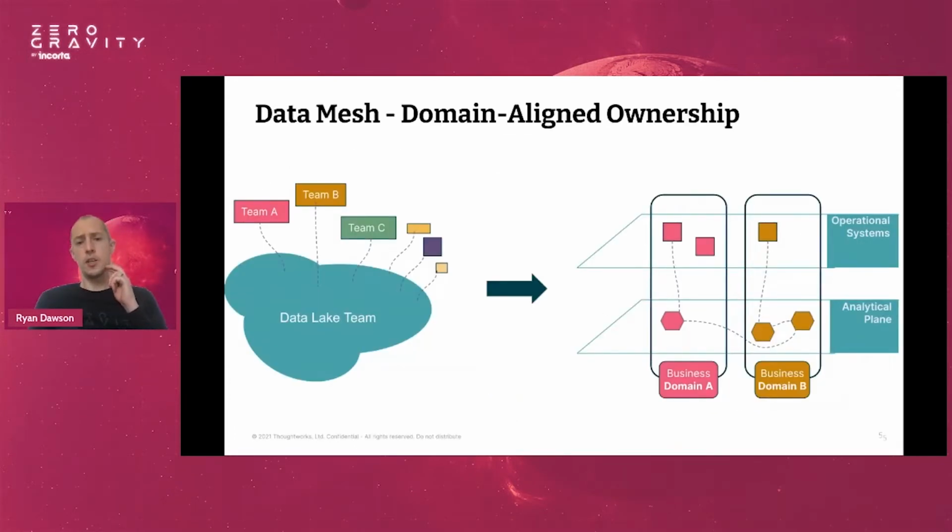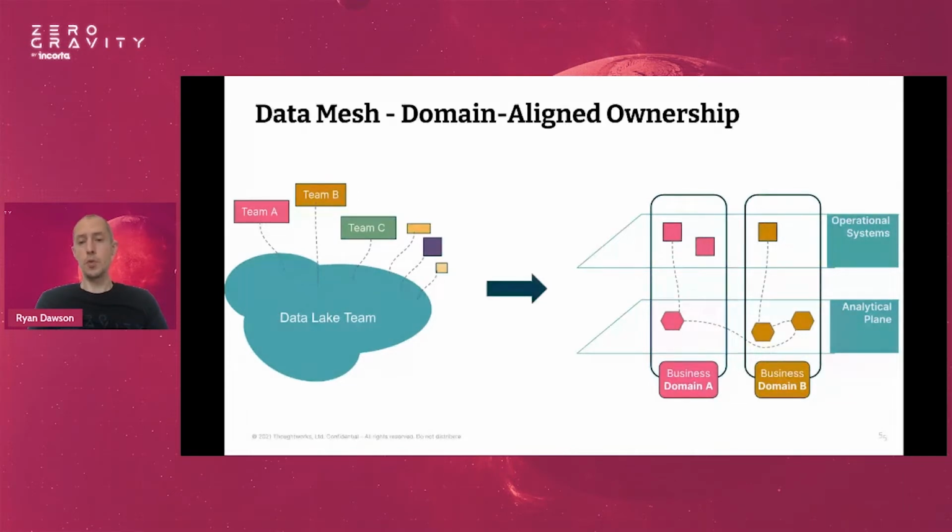Data mesh diagnoses the problem with monolithic data architectures as aligning data architecture around technology and not business needs. So instead of having a data warehouse team or a BigQuery team, we see teams in data mesh aligned to business domains, not technology. This enables teams to really know and own the data and make decisions with more autonomy and ultimately deliver more value.